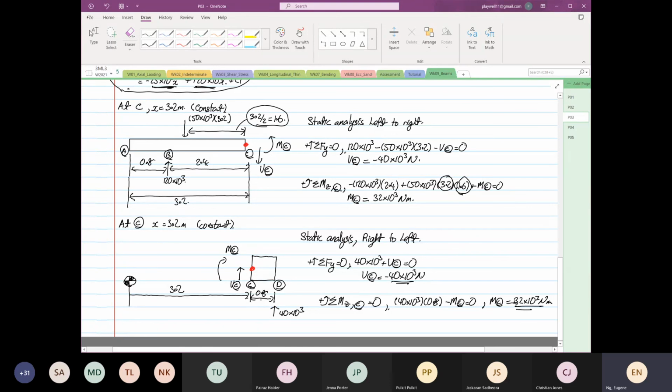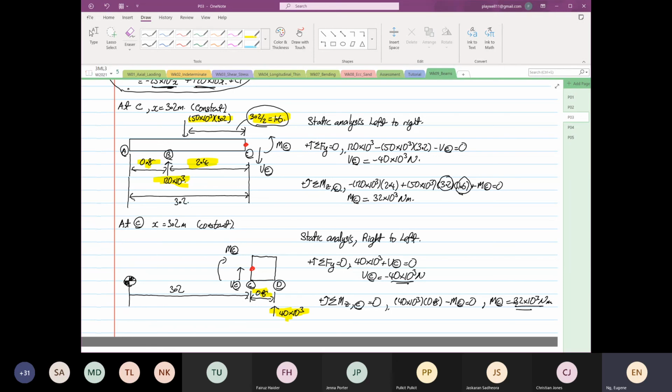If you look at the number of components, the likelihood of making a mistake is less. Over here, you have two loads and three distances. So the more components you have, the more likelihood that you will make a mistake.